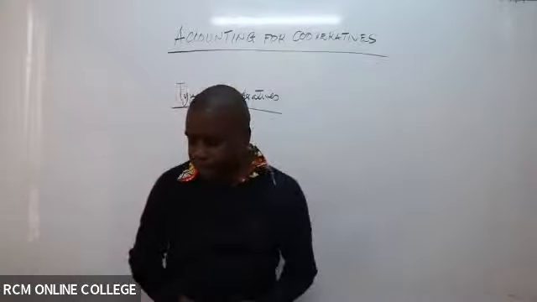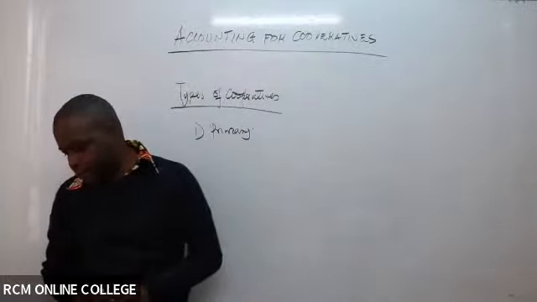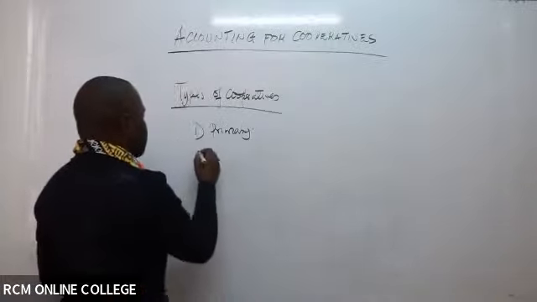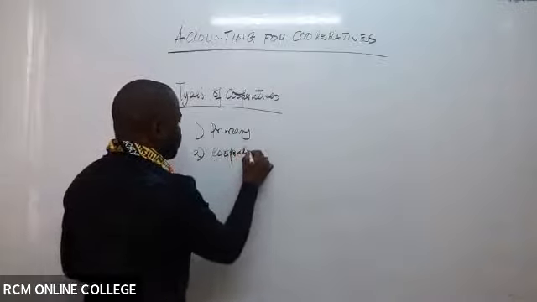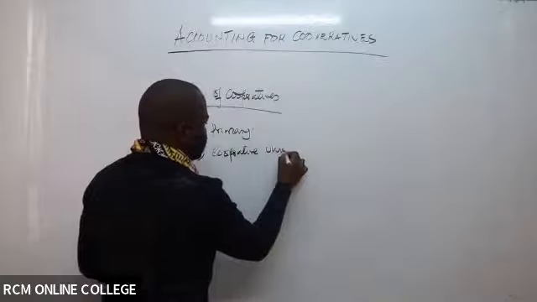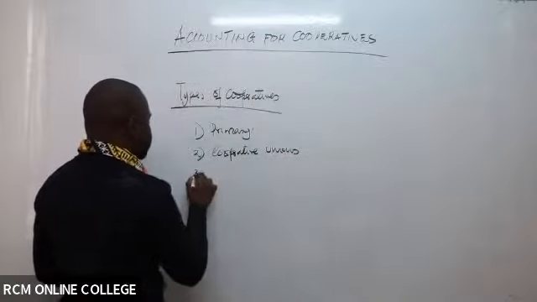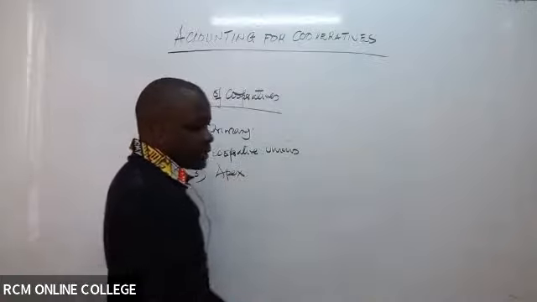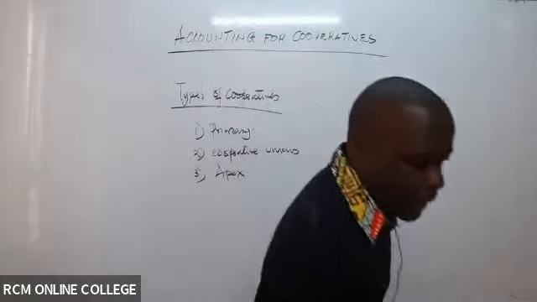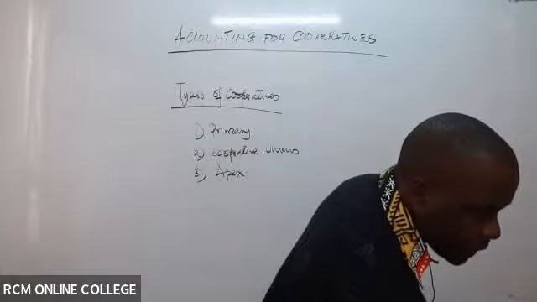We can have primary societies, or cooperative unions, or we can have another type we call apex cooperative societies.